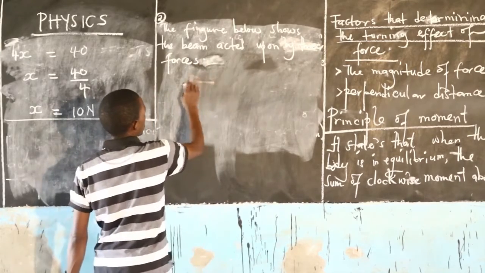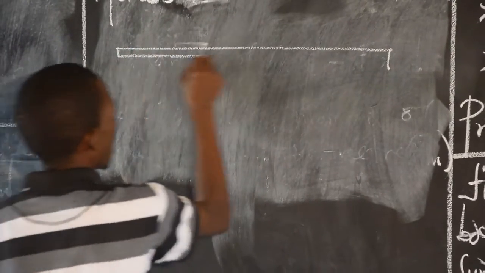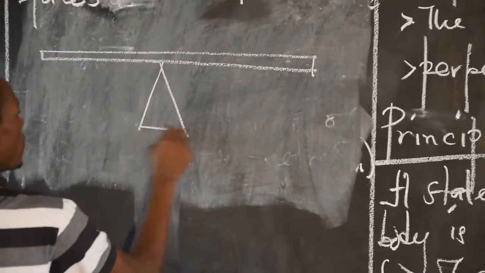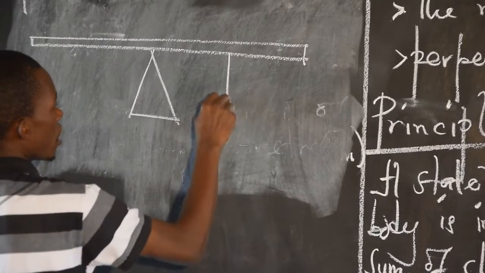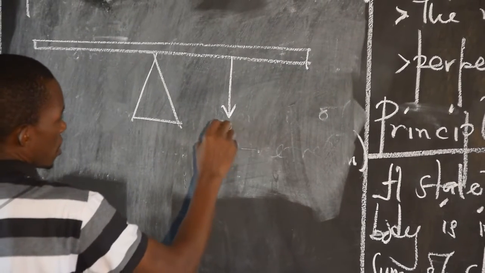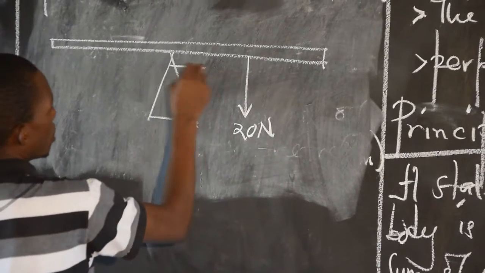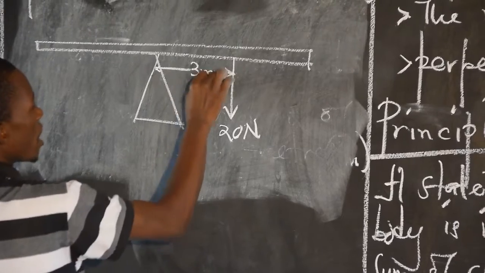Let us have this beam and we see. This is the beam being acted on by 3 forces. We are going to identify. We have one force here, 20 newtons at a distance of 3 meters.